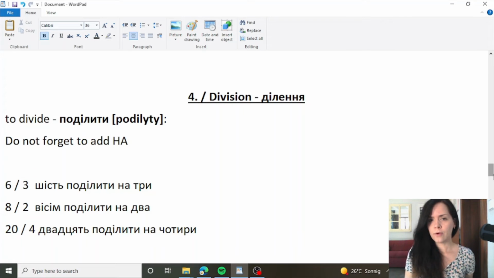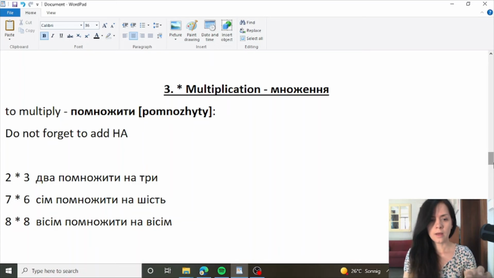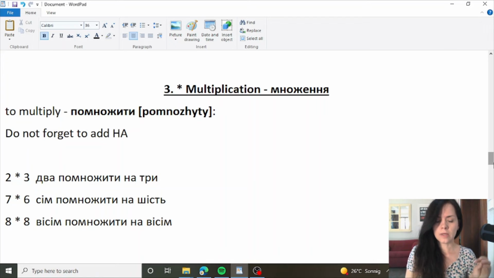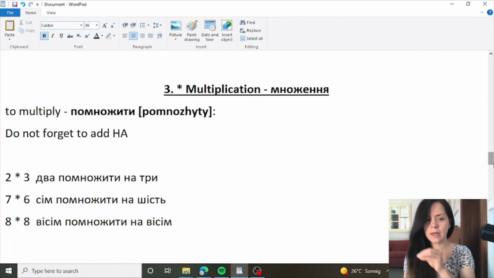In spoken Ukrainian, sometimes people, if they are counting quickly, would usually skip saying помножити, and they would just say instead of 2 помножити на 3, for instance, 2 на 3, or like 6 multiplied by 7, they would say 6 на 7, okay?